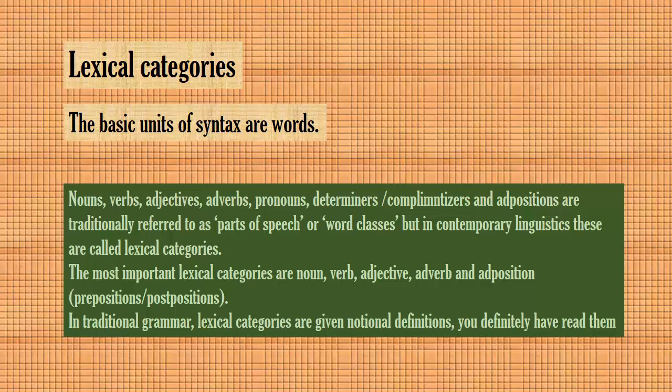Before going to define and discuss phrase, let's define lexical categories. The basic units of syntax are words. And what are words? Noun, verbs, adjectives, adverb, pronoun, determiners, complementizer, and adposition are traditionally referred to as parts of speech or word classes.